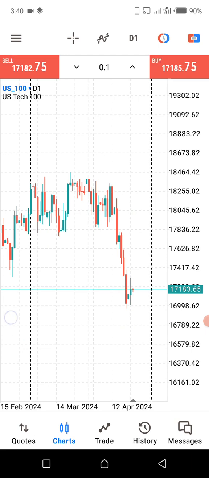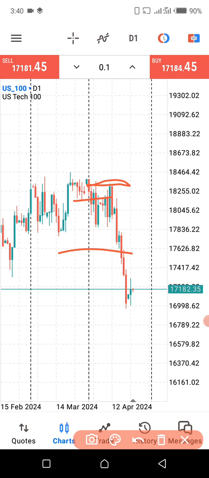This low was, it has paid up to the, let's say there is a fair value gap here, liquidity void, here.